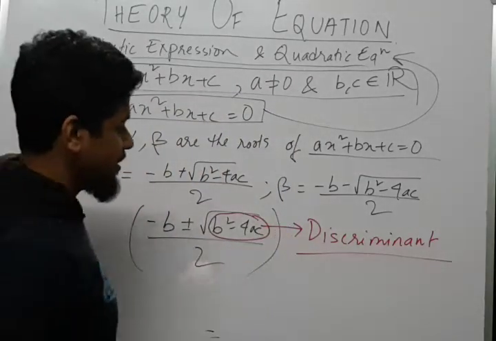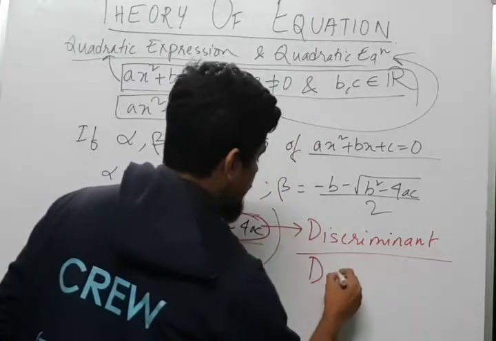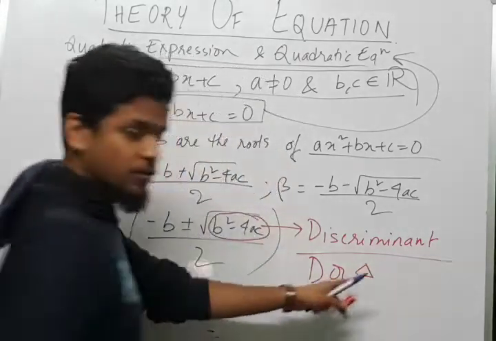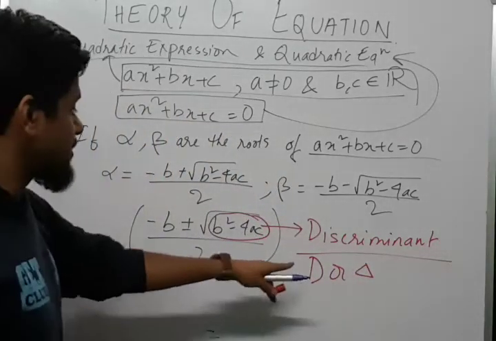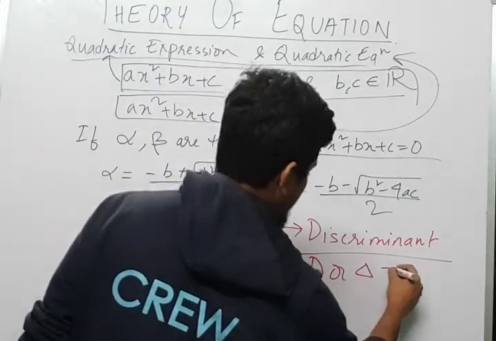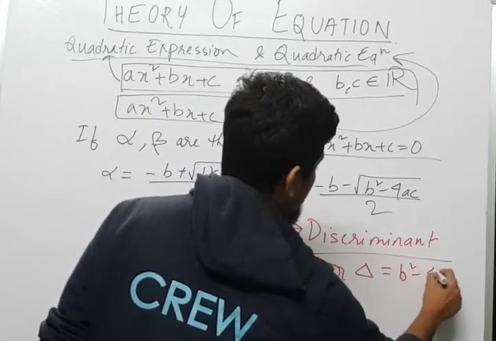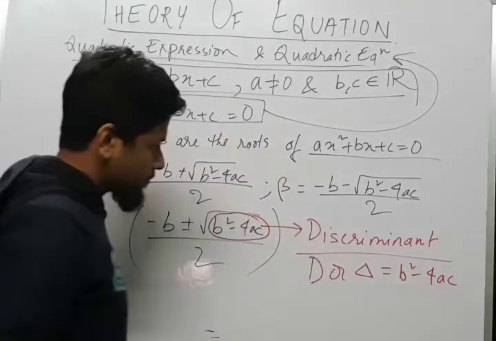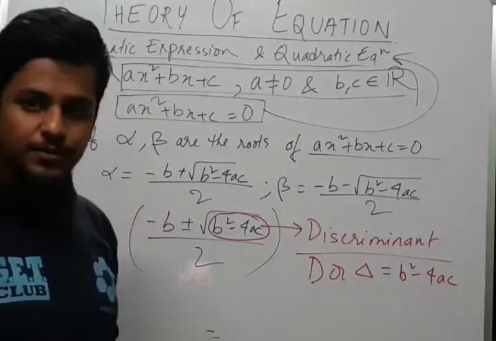It is often denoted by D or also by this symbol. These are the symbols used to denote the discriminant, which is equal to b square minus 4ac. This is the thing that you need to remember.